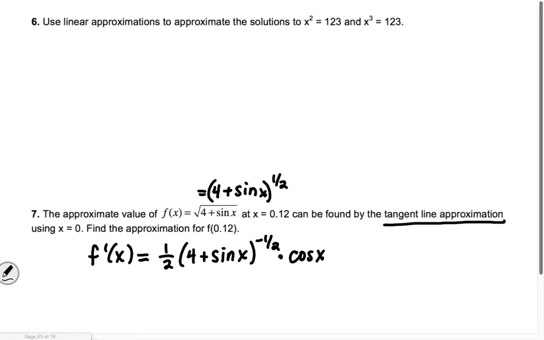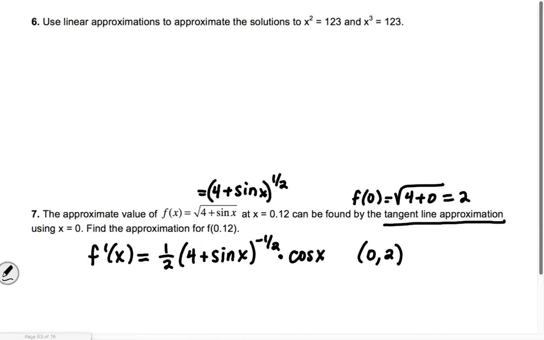Exactly. And you'd say, well, I don't want to plug in 0.12, but I can plug in 0. What point is it at in the original function? 0, sine of 0 is 0. 4 plus 0. Yep, 0, 2. Because f of 0 was 4 plus sine of 0 is 0, I got 2 out, right?